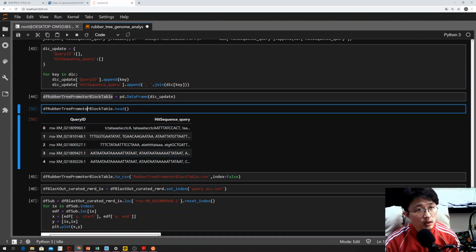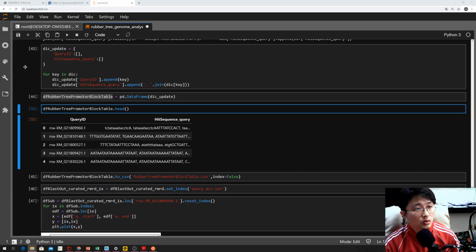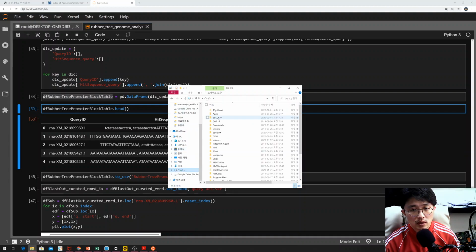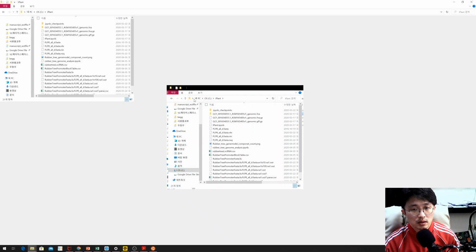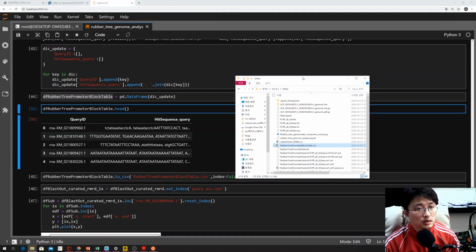So we can go to this folder. Let me go to the folder C drive, iPlant, and block table, right?